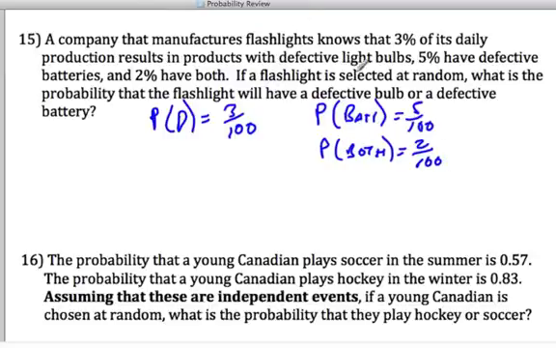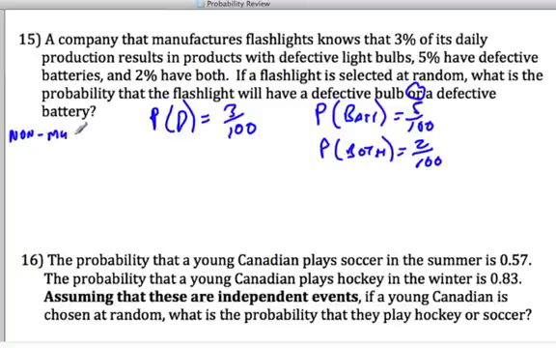And if a flashlight is selected at random, what is the probability that the flashlight will have a defective bulb or a defective battery? And so now this is non-mutually exclusive because we're told up here that we can have both a defective bulb and a defective battery.